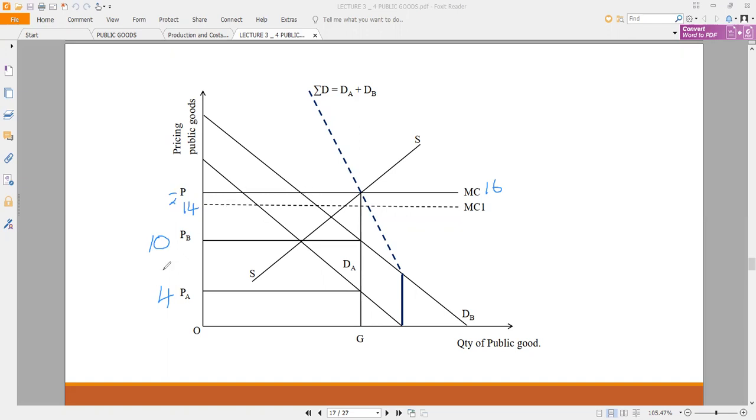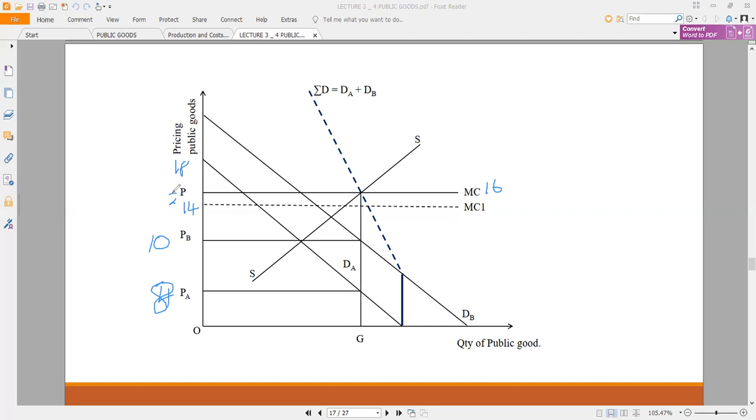There are cases where, assuming this guy was willing to pay 8 and this guy was willing to pay 10, then we'll have 18, which is rather more than the marginal cost of producing that good, which means that after they take out the 16, they can use the $2 to produce or fund another public good.